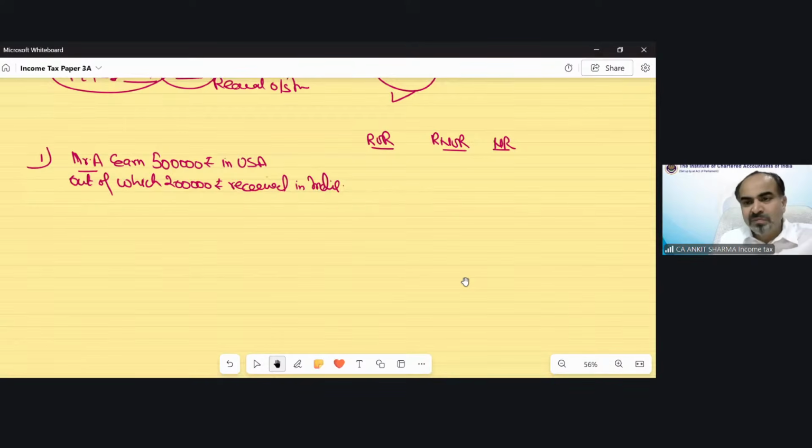Anyone else? Nisha is saying ROR 5 lakh. Very good. Others are saying 5 lakh in ROR. The answer is ROR 5, RNOR 5, NR only 2 lakh.